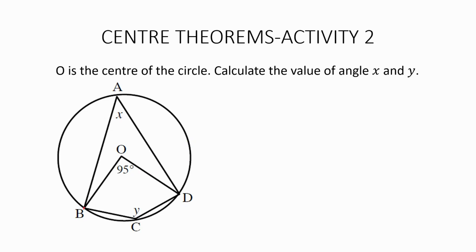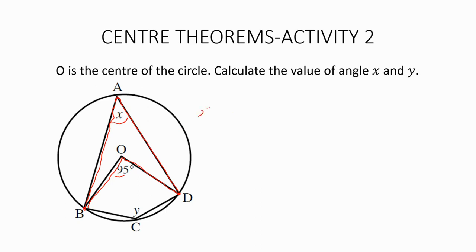Right, now if you check here, we can use what we have here. We have our arc BD subtending this angle at the center of the circle. And then we have arc BD subtending another angle at the circumference. So we have two angles here. One subtended at the center, the other one subtended at the circumference by the same arc. So x is half of 95.